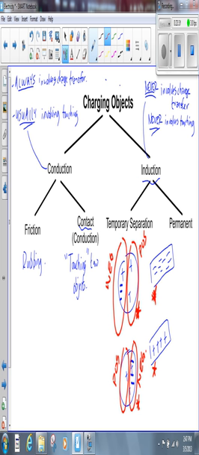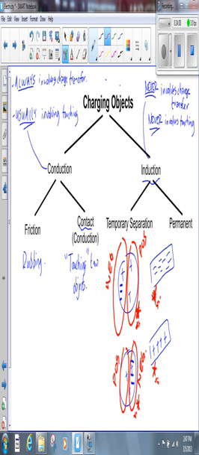But it causes the force of attraction between that charged object and that neutral object, because the side of the object that is nearest the charging rod is always going to be opposite, and opposites attract. So this negative rod attracts this positive side of this neutral object. This positive rod attracts the negative side of this neutral object. Charged objects attract neutral objects because of an induced temporary separation of charge.